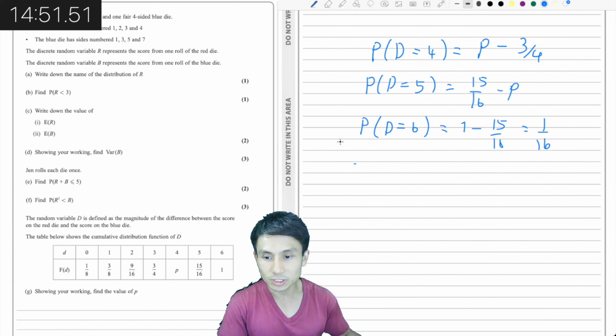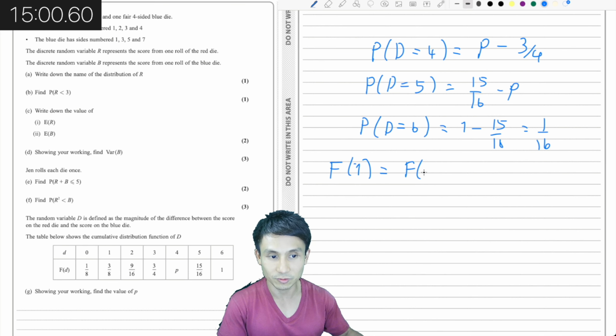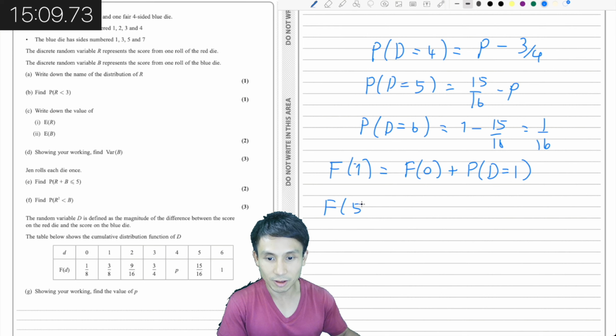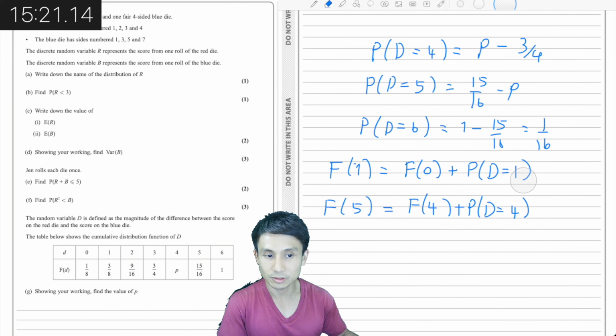So if you take f of d equals 1, which is f1, it is f of d equals 0 plus p of d equals 1, right? So that means f of 5 is f of 4 plus p of d equals 5. Oh no, this is 5, sorry.